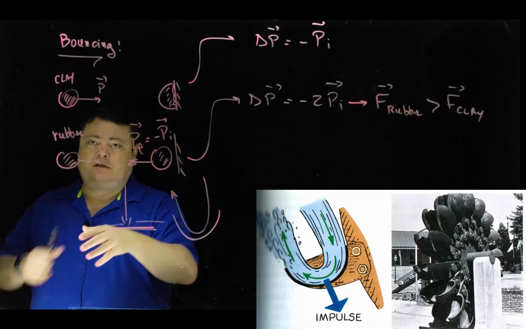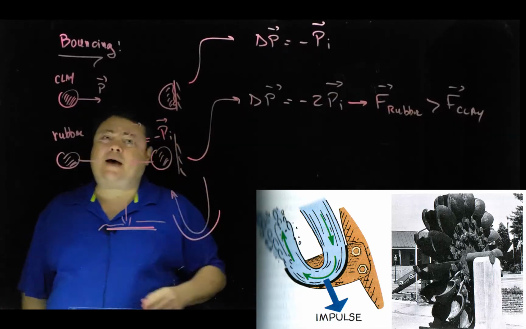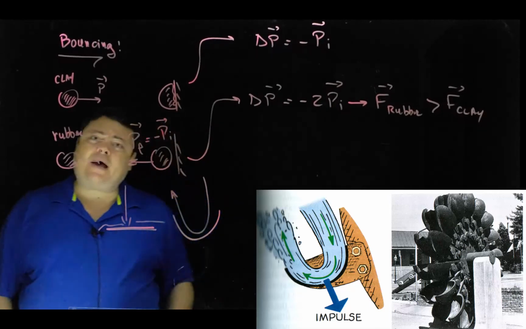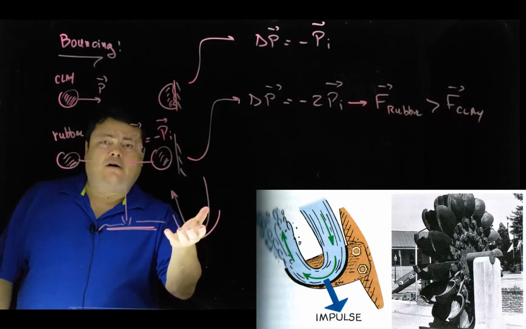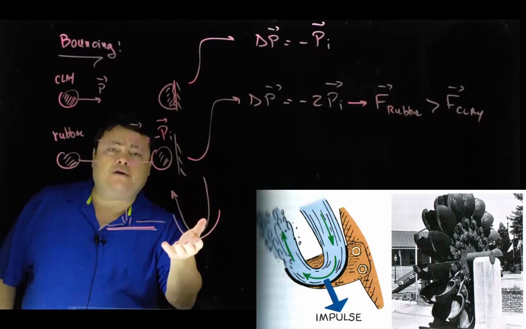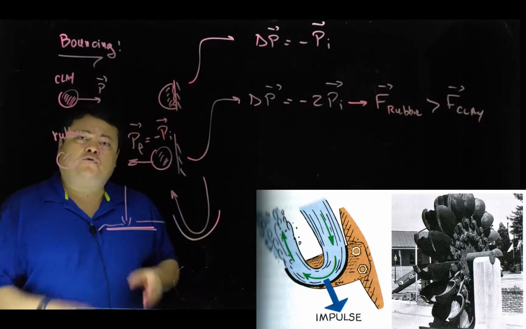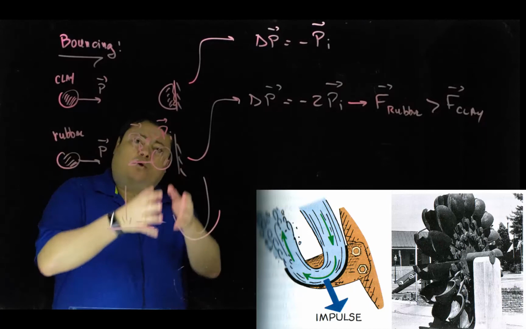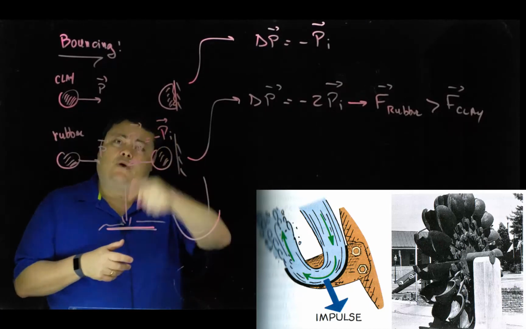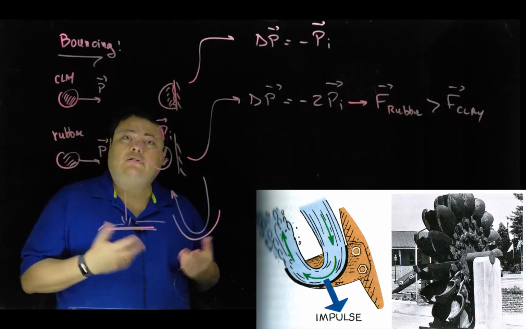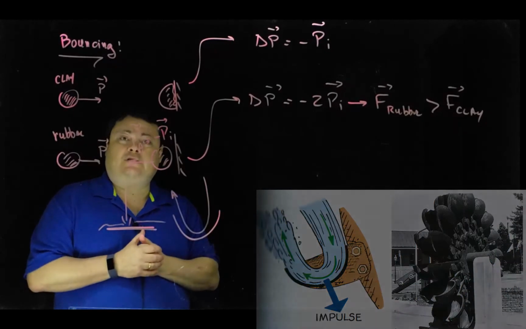When the water bounces back, the change in momentum of the water is bigger than when it just stops. This produces a greater impulse of the water on the water wheel, making the water wheel spin faster, thus increasing its efficiency.